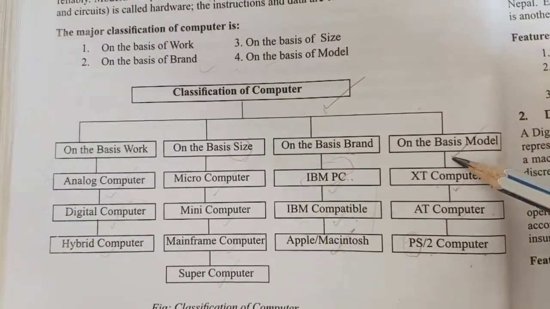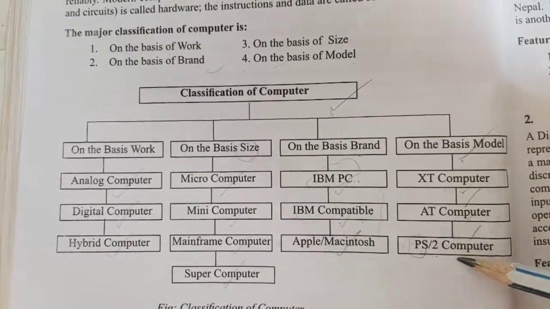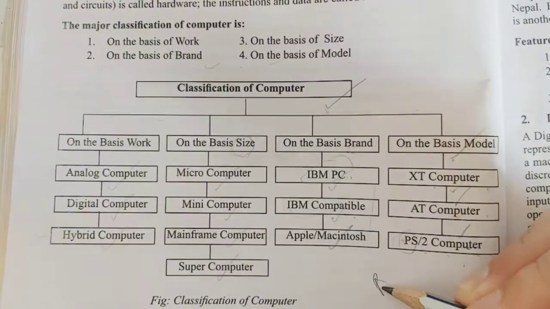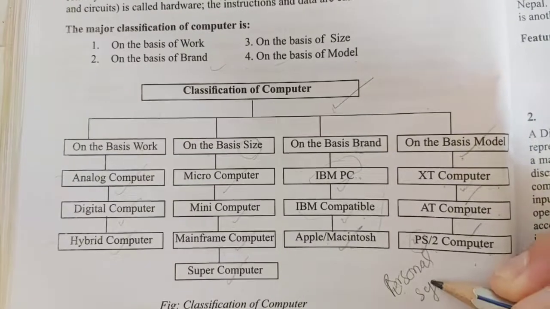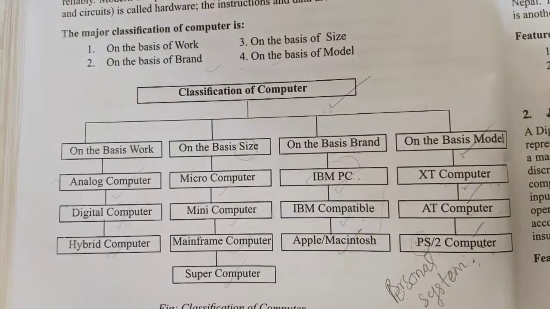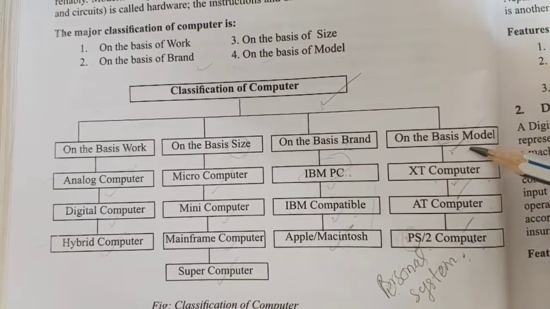Now on the basis of model, we have XT computer, AT computer, and PS2 computer. The full form of PS is personal system, personal system computer. These are based on the model.